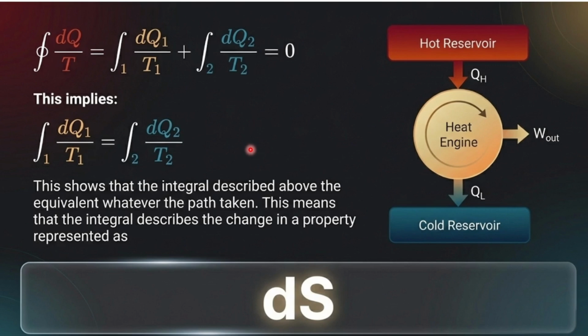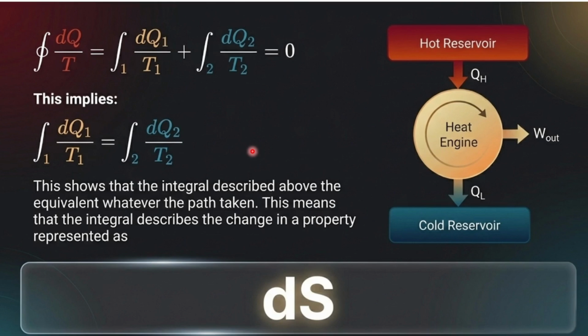This shows that the integral, whatever the path taken, will always be the same. This means that the integral describes a change in property, because if the integral of dQ/T is always the same, whether we are talking about the source or the sink, we are not looking at a path function now, but at a point function.